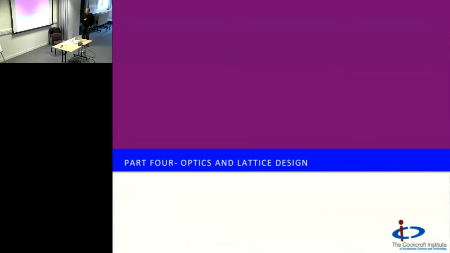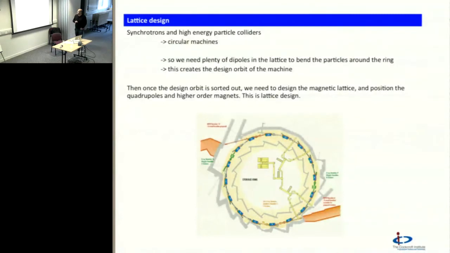We now have to do a little bit on optics and lattice design, which will take about 20 minutes or so. Just hear some basic terminology, basic results, and then we'll go on to studying what happens when we have errors in our accelerator. So this is a slightly easier bit, 20 minutes of mostly pictures, where we're going to think about what people in this building do as a job: lattice design.